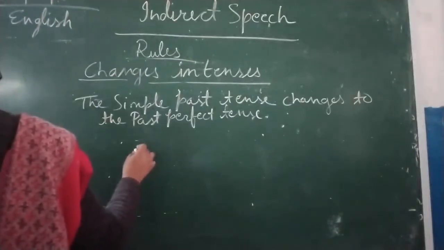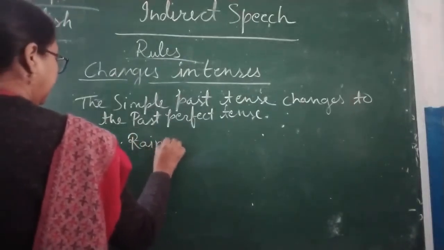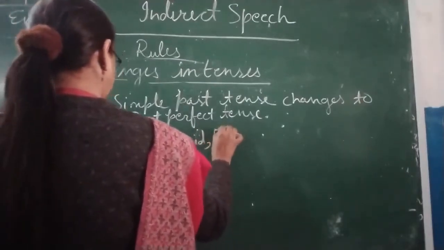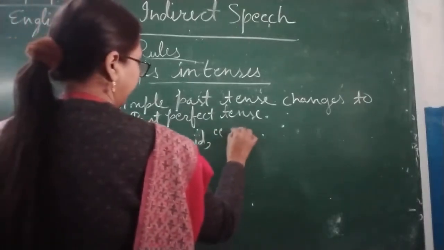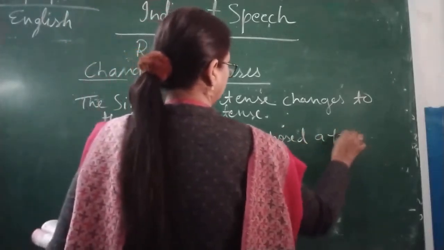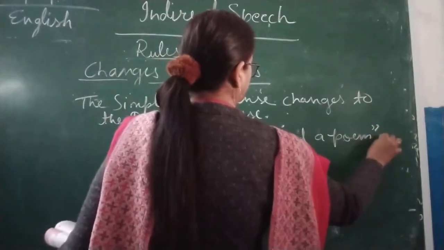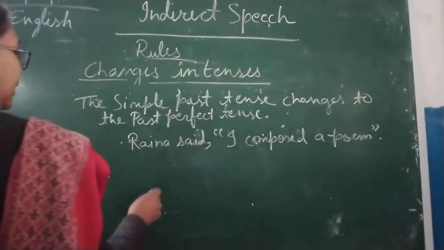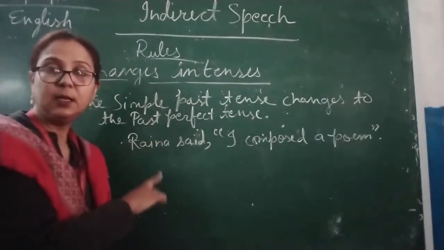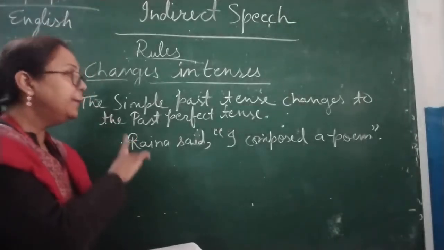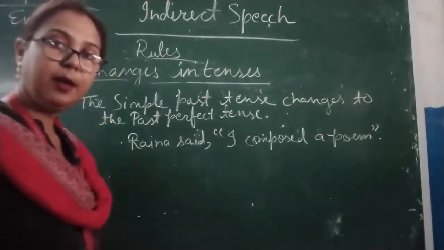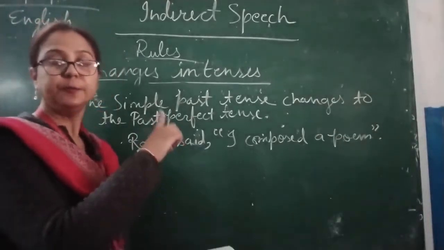So Rena said, comma, now inverted comma starts, I composed a poem. Okay. Now inverted comma closed. Because this is written in simple past tense, we are going to write it in past perfect tense.